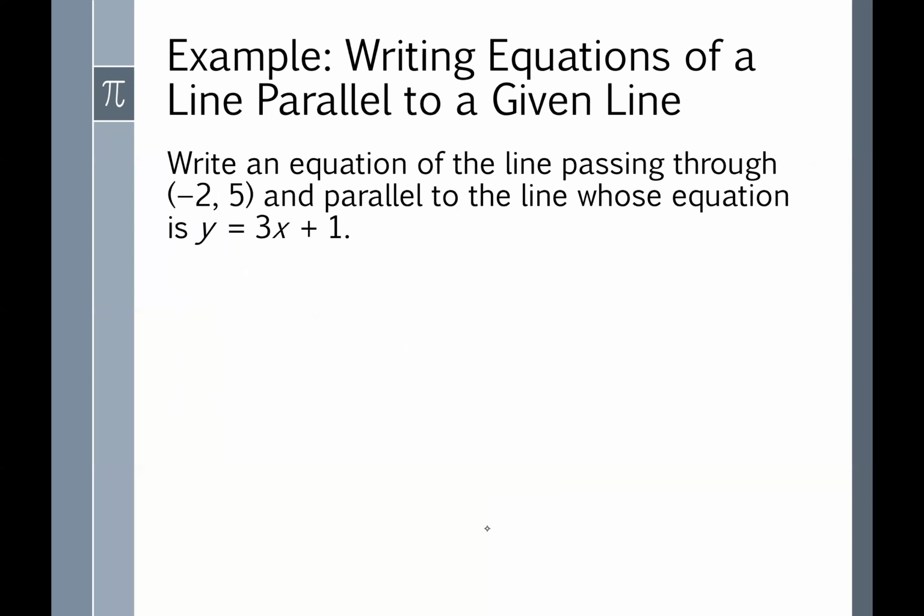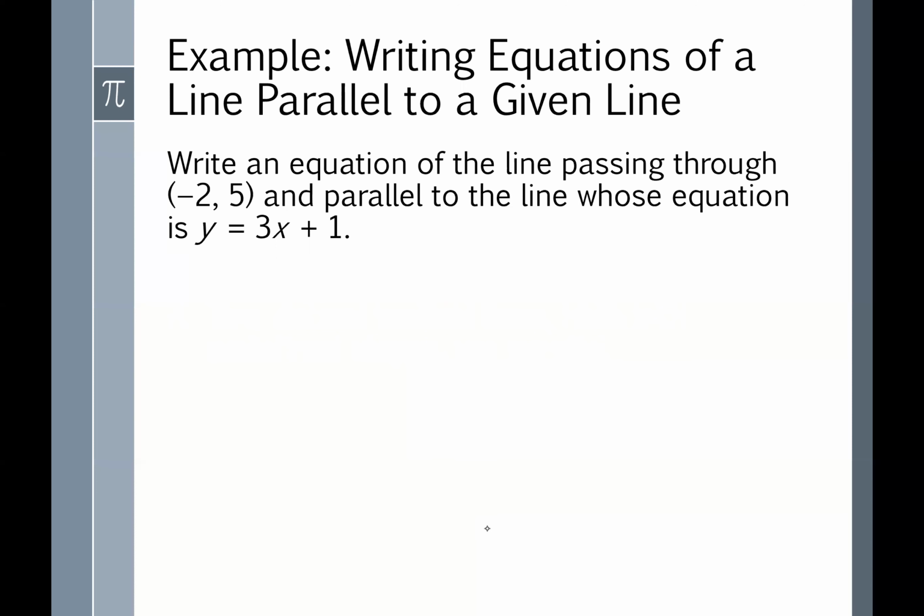Okay, so how do we use this? Write an equation of the line passing through the point -2, 5 and parallel to the line whose equation is y = 3x + 1.